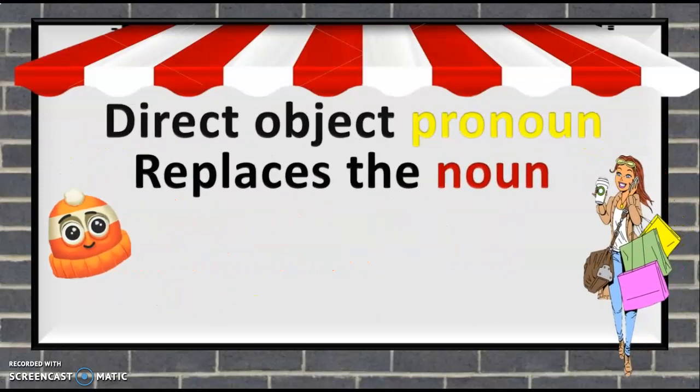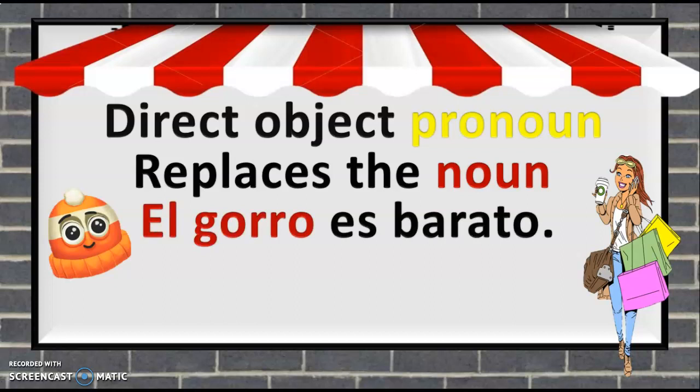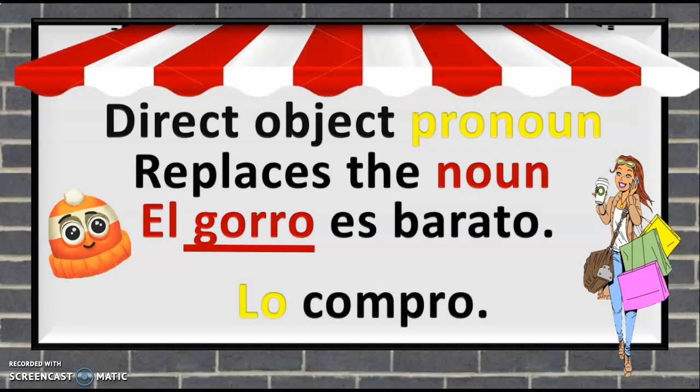So let's do a little bit of practice here, look at some examples. In this sentence, el gorro es barato, the hat is cheap, we could say then lo compro.